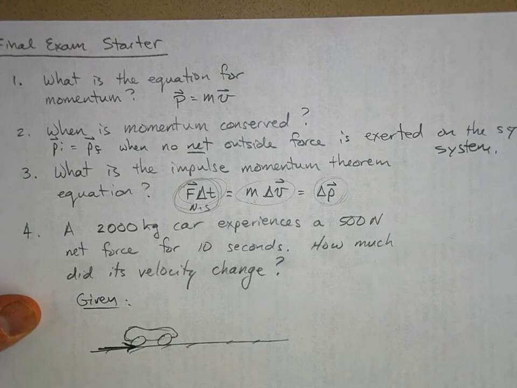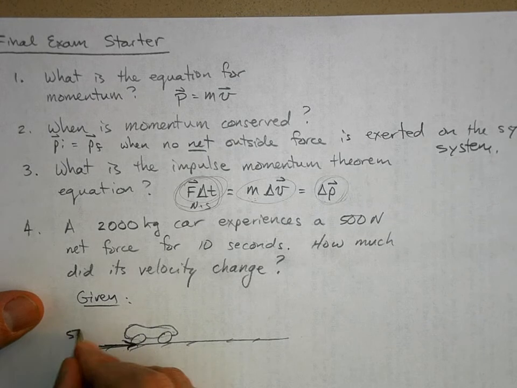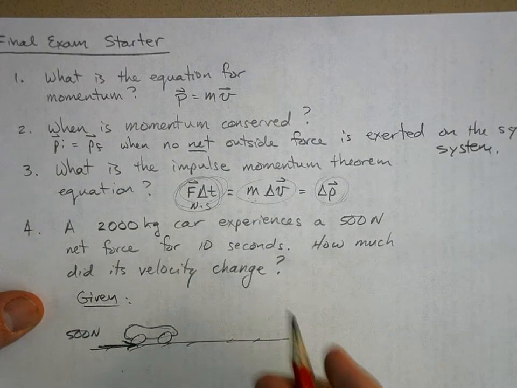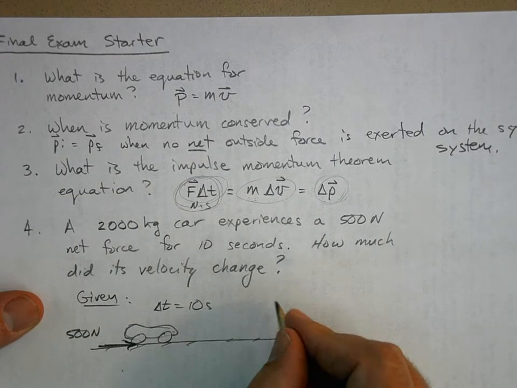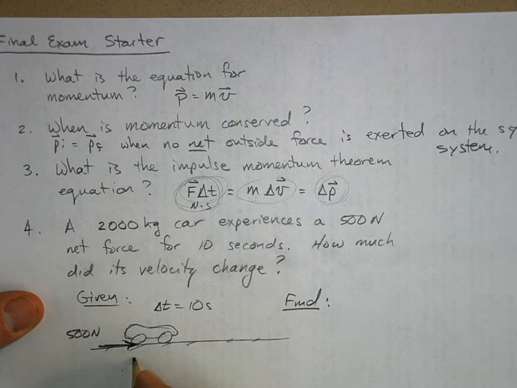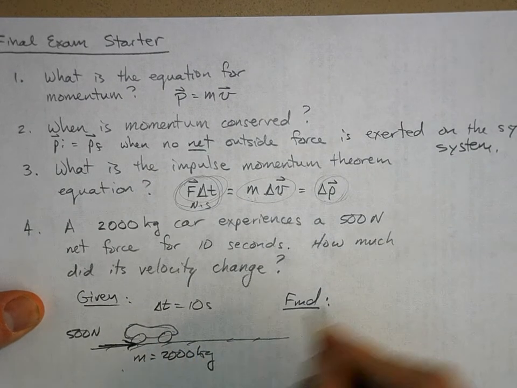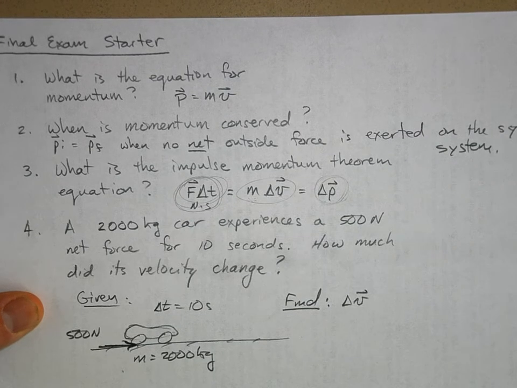Usually it's the wheels spinning, the interaction of friction between the wheel and the ground, and it gives you a net force of 500 newtons. And delta T is 10 seconds. And what are we trying to find? The mass here is 2,000 kilograms, and we want to know what is the change in velocity for the car.